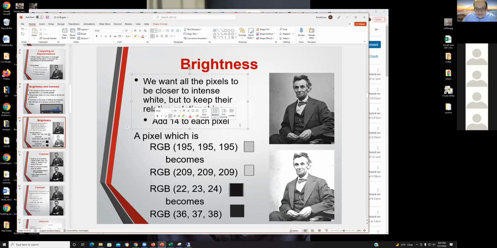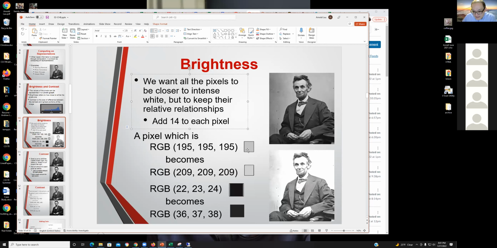see what it says here? It says add 14 to each pixel. So we want all the pixels to be more intense or brighter. It's just across the board, every single pixel, we're going to add 14 to it. They took an example pixel, 195, 195, 195, and it became 209, 209, 209.